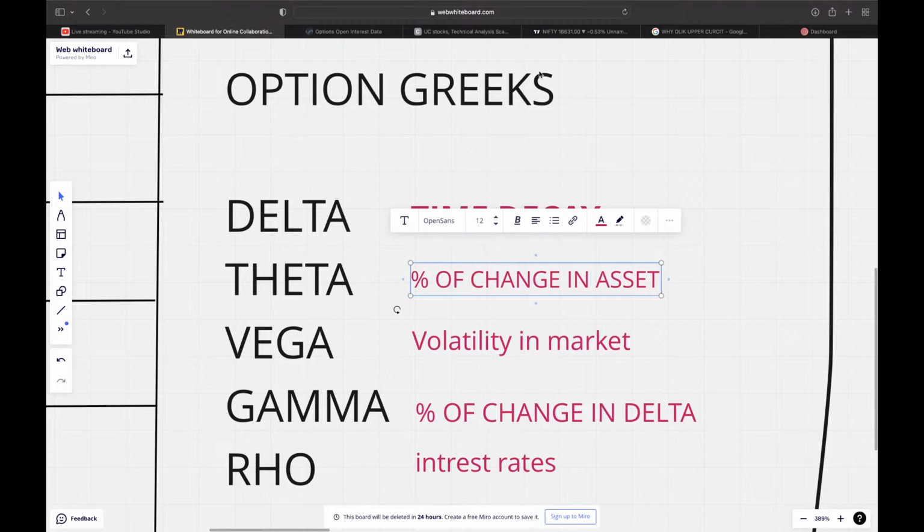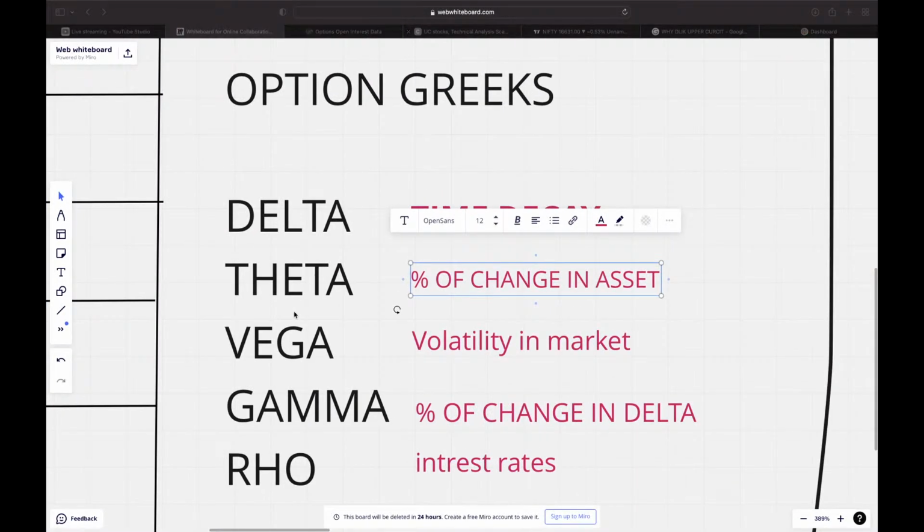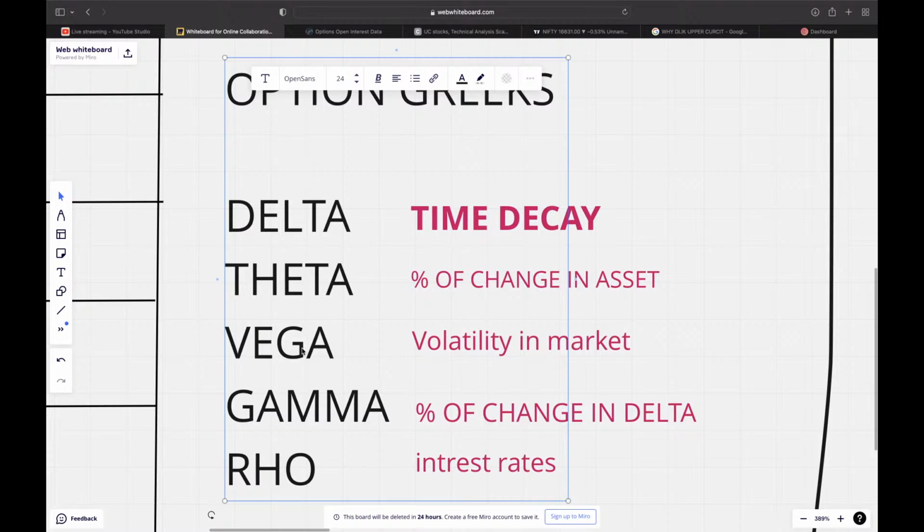So the volatile market is because of Vega. If the market volatility increases, the Vega value increases, and that's how option sellers have to be a little careful. And when it comes to option buyers, the volatile market always favors the option buyers because the premium prices increase.